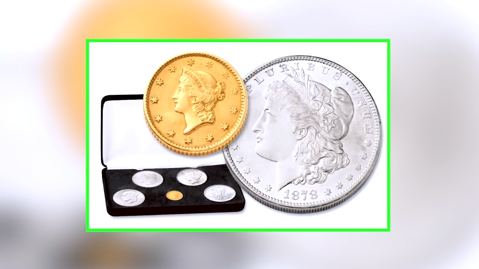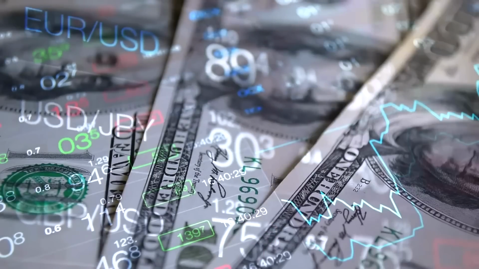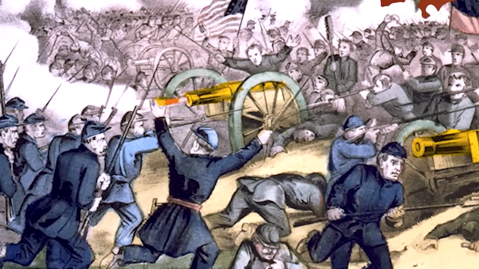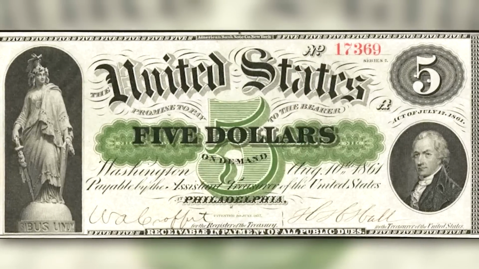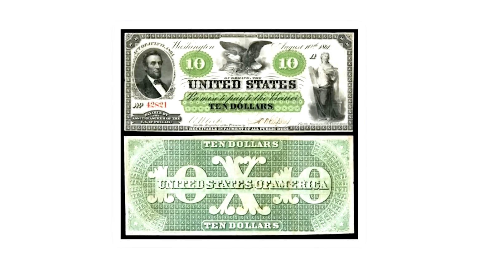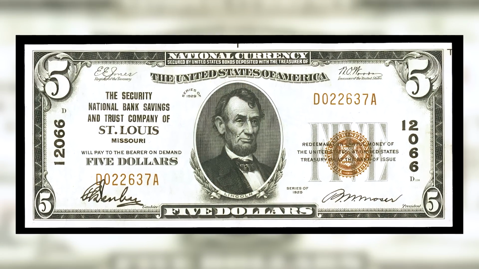Initially, dollars were coins made of silver and gold, but as the economy grew, the need for paper currency became evident. The first paper dollars were issued during the Civil War in 1861, known as demand notes. These were followed by United States notes and eventually the Federal Reserve notes we use today.